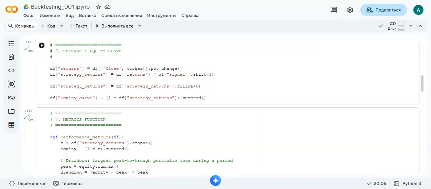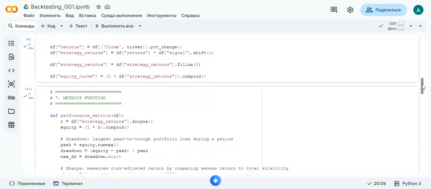And also we are going to consider the equity curve. So we would like to see the cumulative equity curve, meaning that it will progress from year to year, right? So it will not be just a one-year window frame.